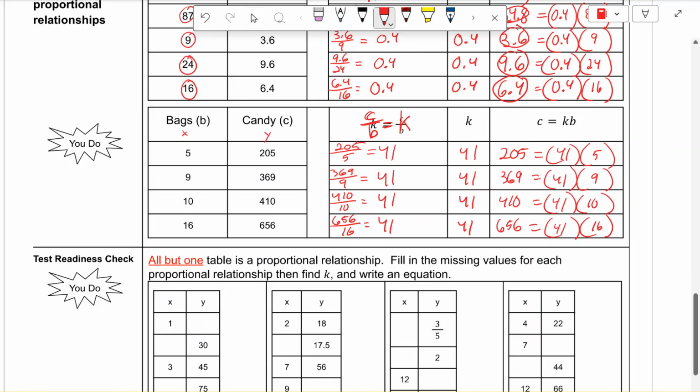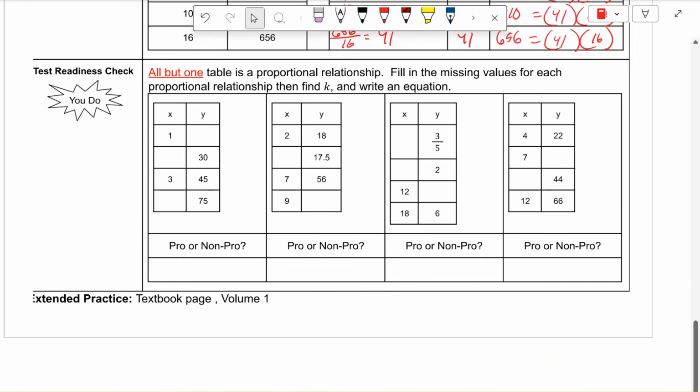All right, it's time to do the test readiness check. Now this one says all but one, so pay attention to that very closely. All but one table is proportional, which just means there's one of these tables that is not a proportional relationship.